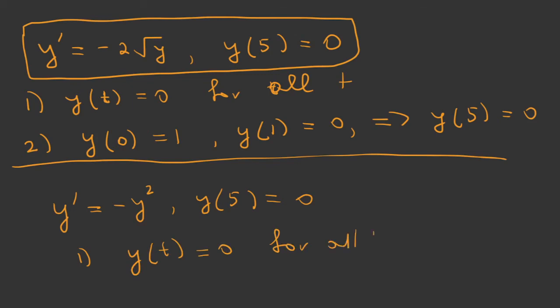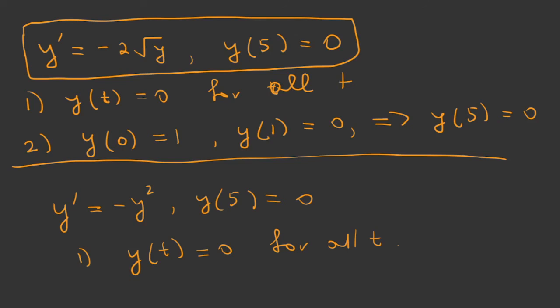Why is that? Well, if we know that our object has to be at the equilibrium position at the moment of time t equals 5, then it has to be there to begin with. Because if our object starts at any other position, not the equilibrium position, then as we saw, it takes that object an infinite amount of time to travel to the equilibrium position.